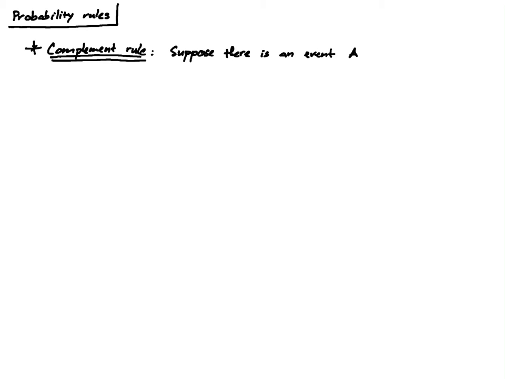Now we define the complement of A, which is denoted A superscript C, as everything that is not A.